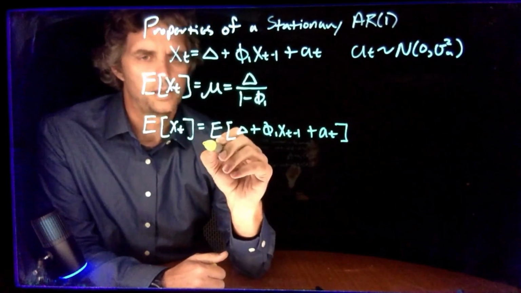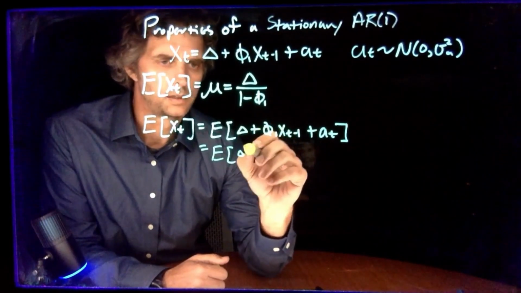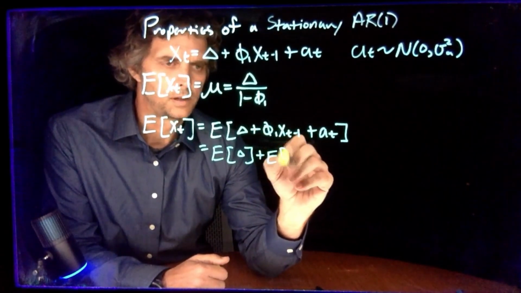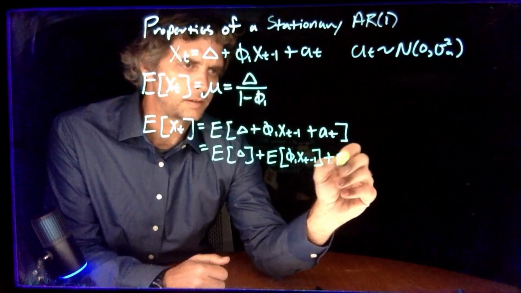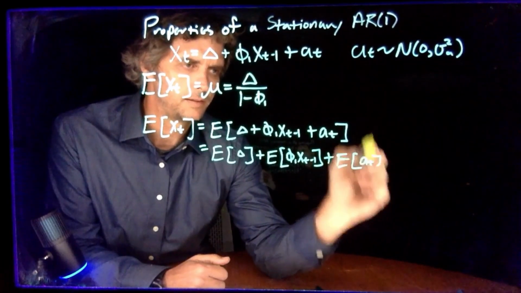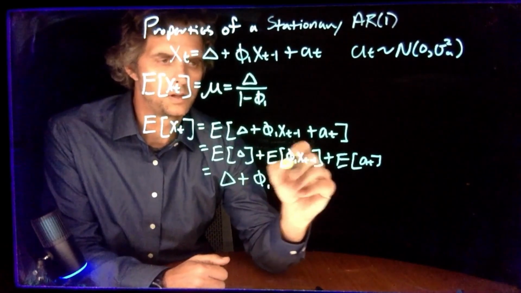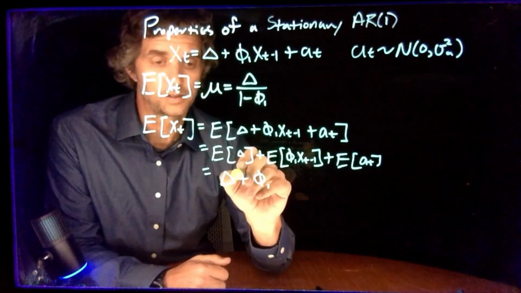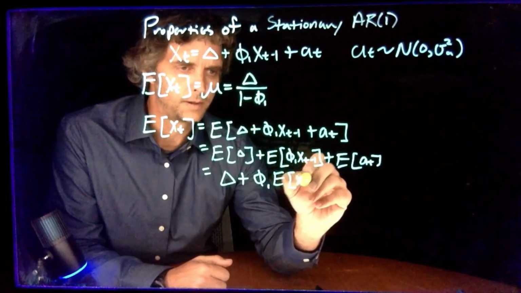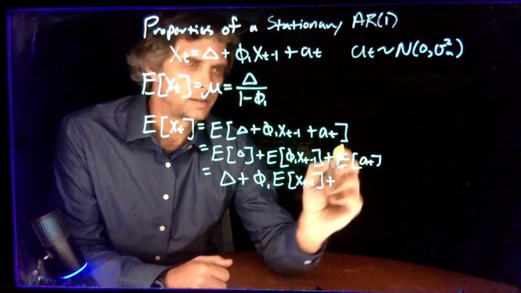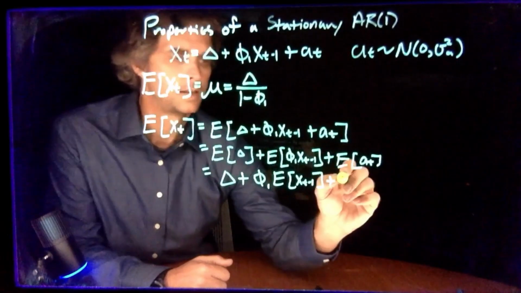That equals the expected value of delta plus the expected value of phi1 xt minus 1 plus the expected value of at. That equals delta plus phi1, just because the expected value of a constant is just the constant, and phi1 can come outside because it's a constant, times the expected value of xt minus 1, plus the expected value of at, which is normally distributed with mean zero, so it is just 0.